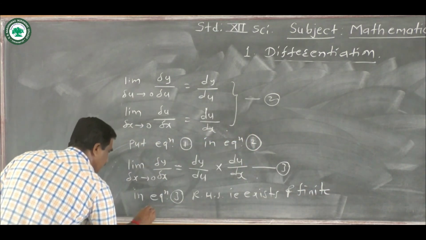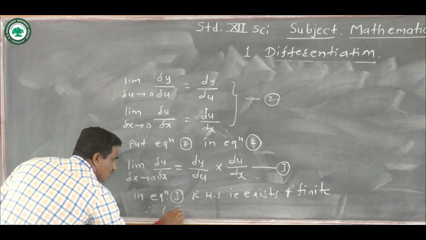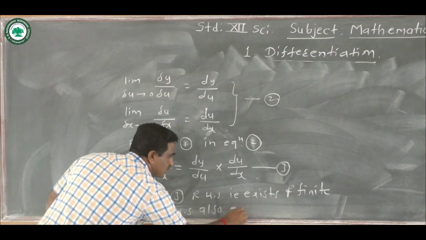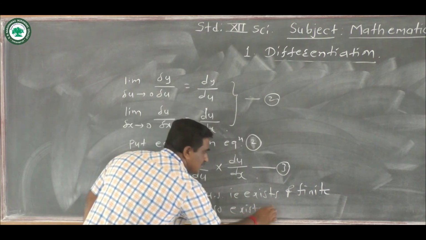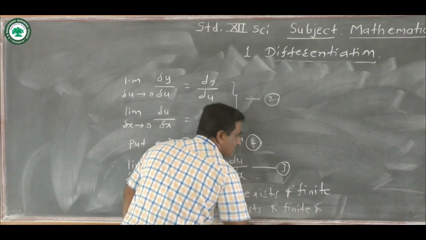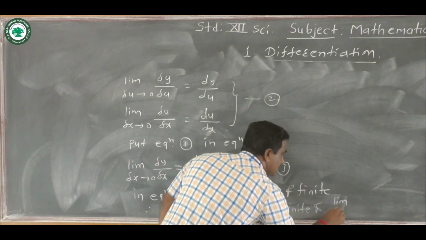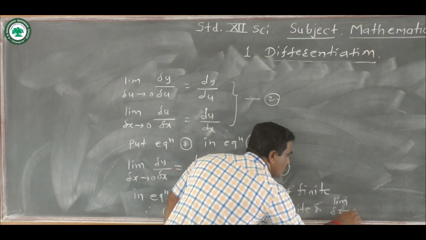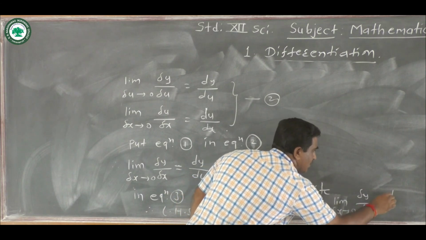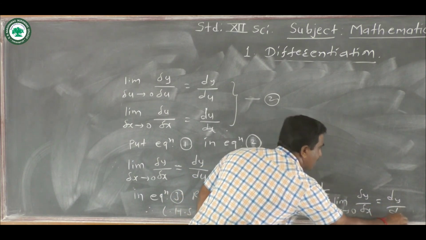Therefore LHS also exists and is finite, and limit delta x tends to 0, delta y by delta x equal to dy by dx.